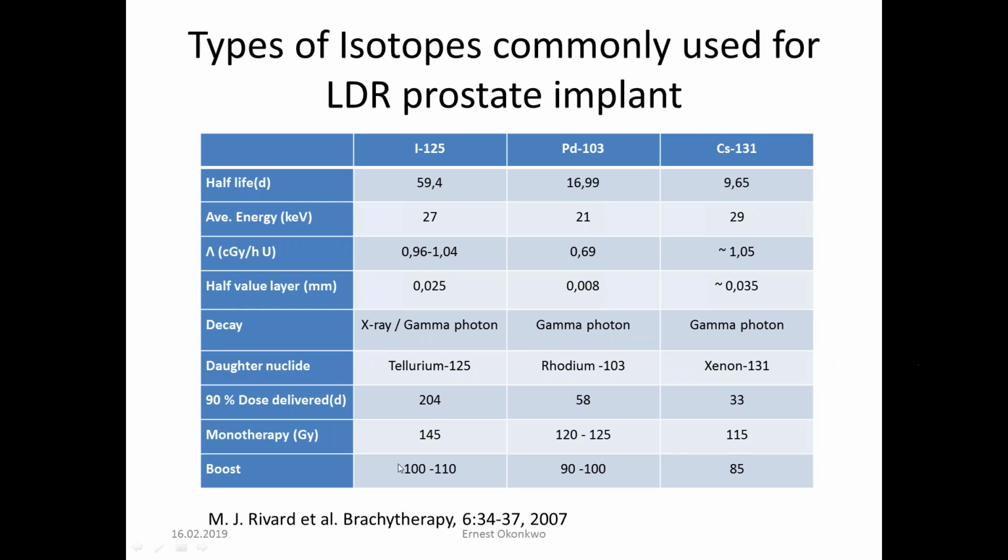For monotherapy, what is recommended is 145 gray. What we do in our clinic is we prescribe 160 gray, because we try to keep the organs at risk at the recommended dose tolerance, and our patients are doing well.